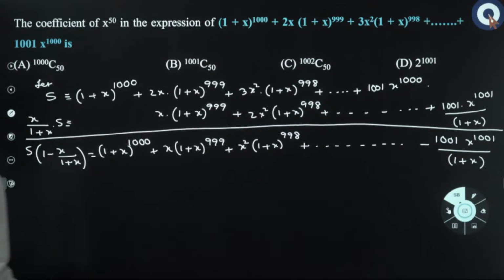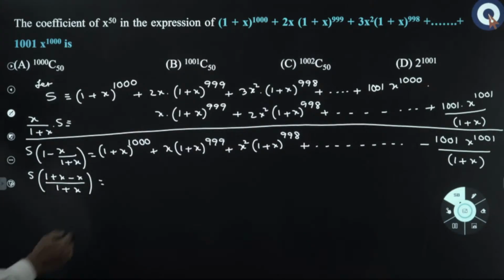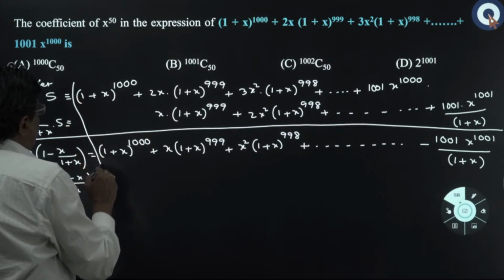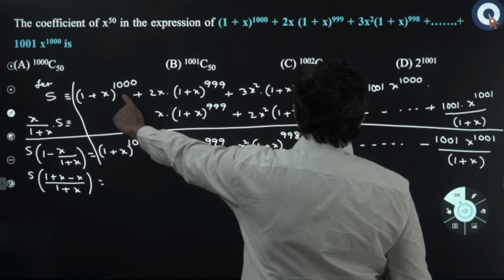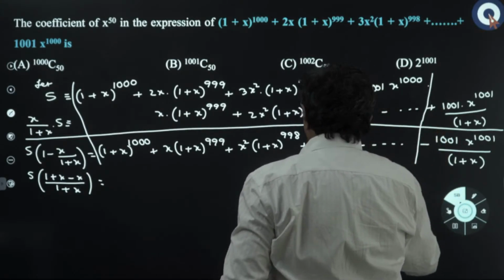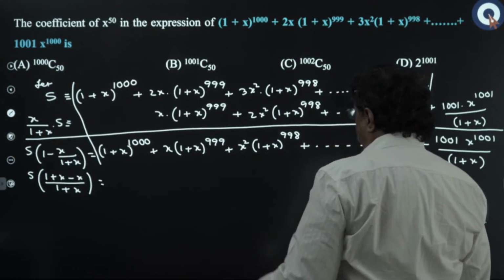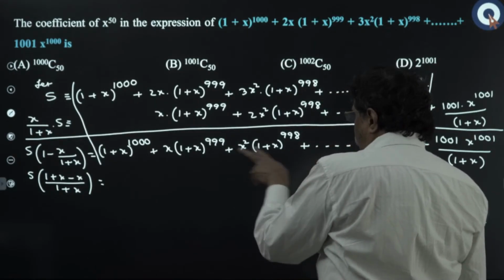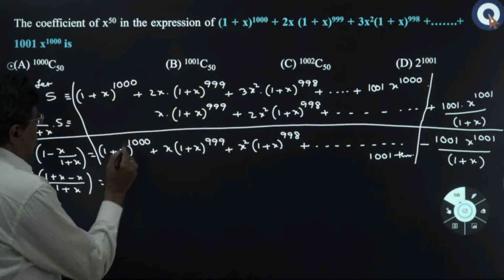So this is equal to, and this is from here to here. From x power 0 to x power 1000, these are 1001 terms. These 1001 terms form a GP with a common ratio x by (1 plus x).